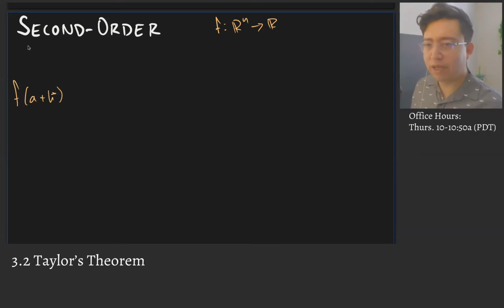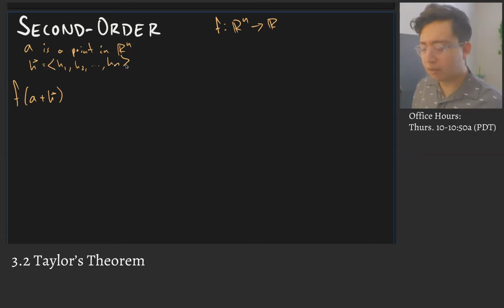So again, a is a point in Rn. A lot of the setup is the same, and h is equal to h1, h2, up to hn. Okay.